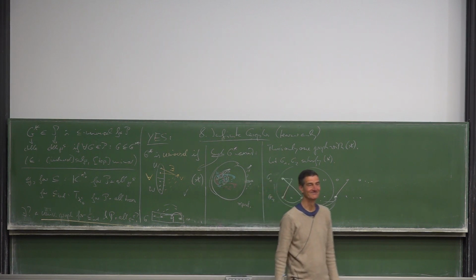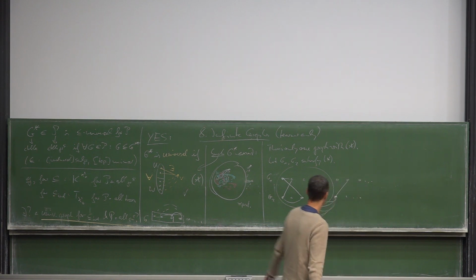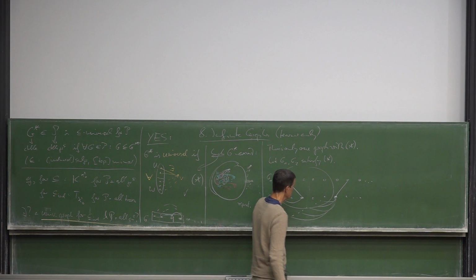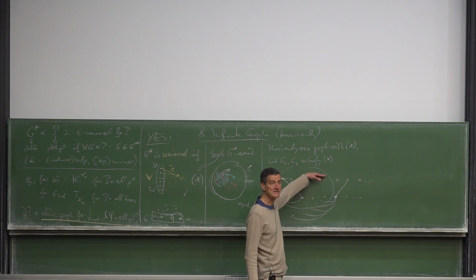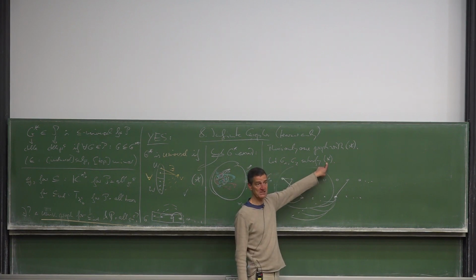Yes? Why do we know that all those vertices exist in both graphs? Is it because both are infinite? No. So why does a corresponding vertex in the other graph exist? Because that other graph by assumption satisfies star. Right?